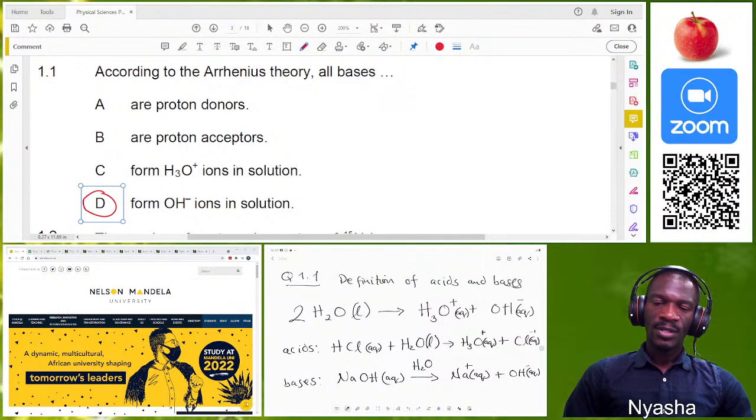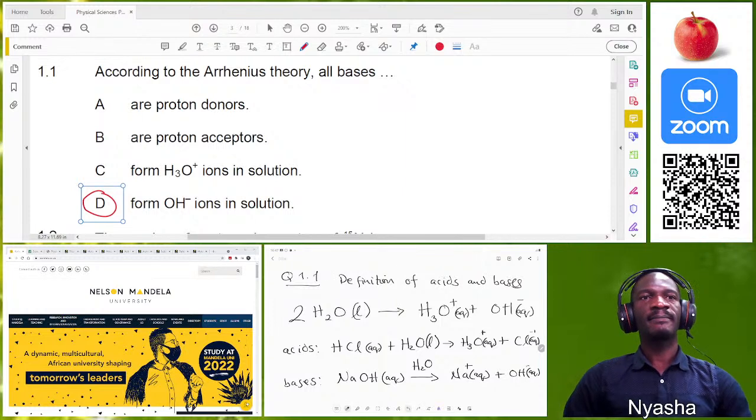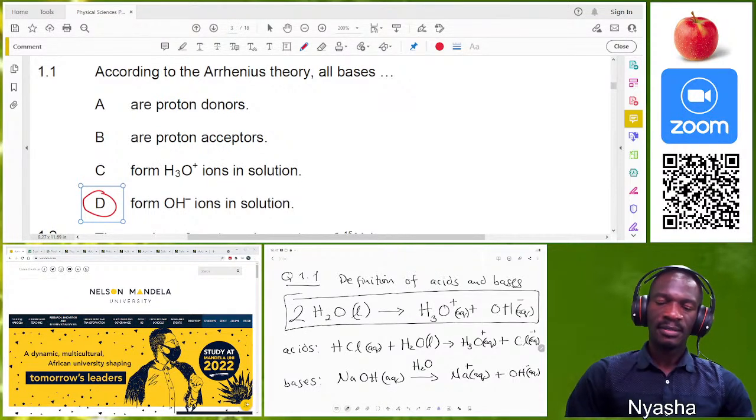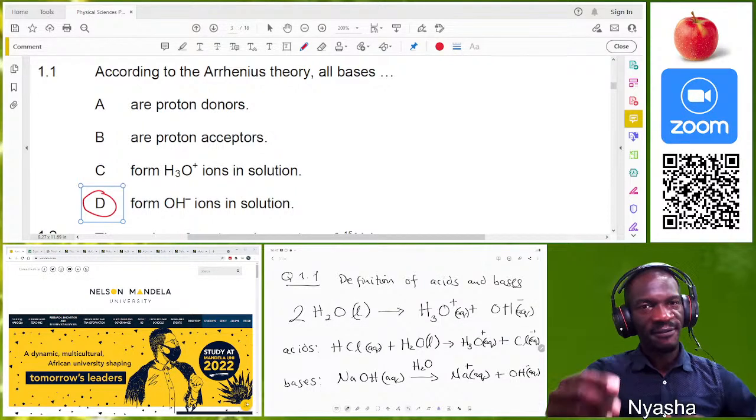Basically, this question requires us to recall the definition of acids, apply the principle or state the main equation for the Arrhenius theory, then identify the species.